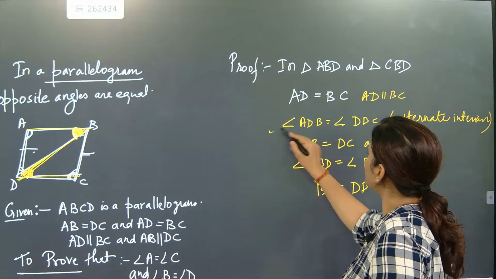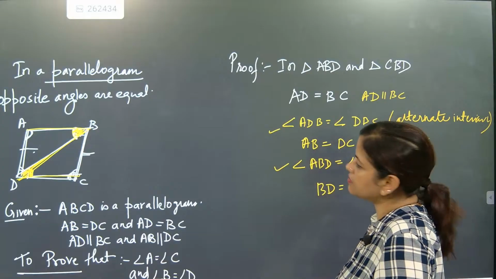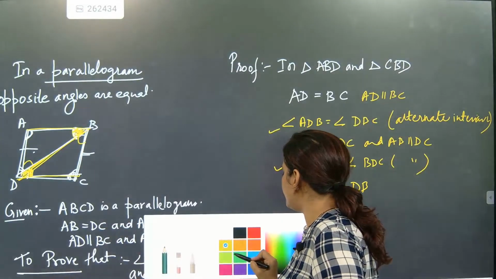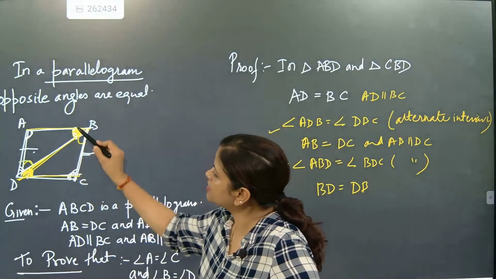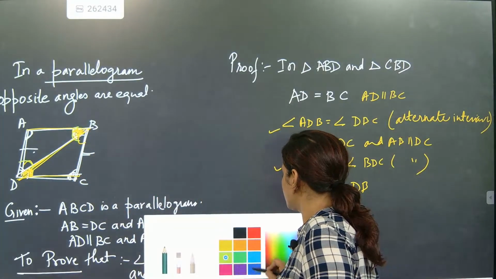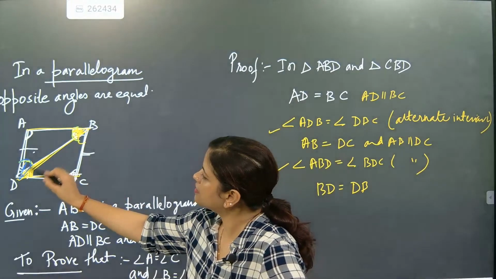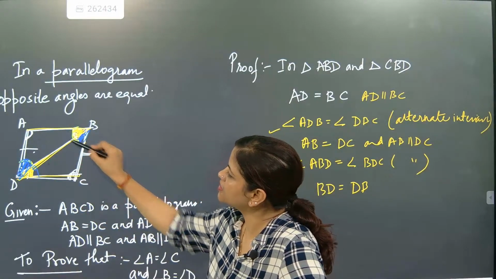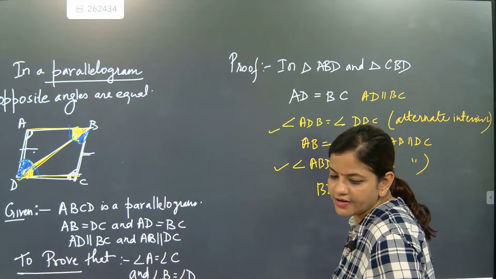This two angle and one side common. This angle equal to this angle. I'm just coloring it with different color. This angle is equal to this angle, and this part of the angle is equal to this part of the angle. So alternate interior angle.